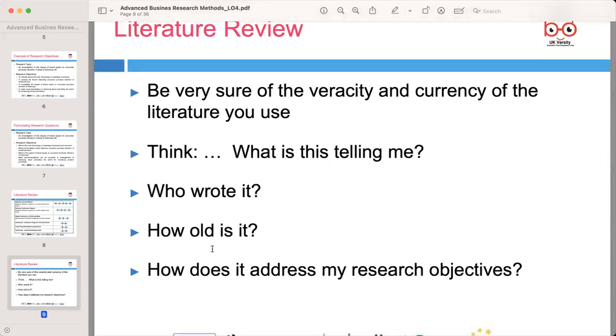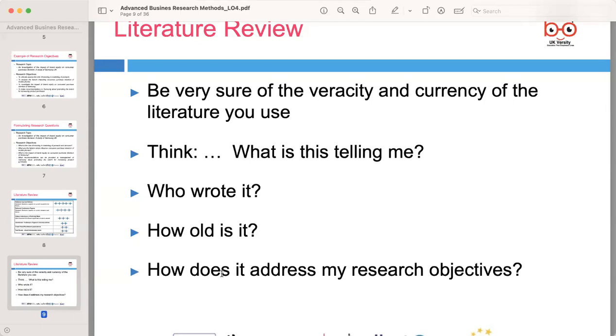How old is it? So age of the source, evaluate the publication date of the literature. Depending on your research topic, it is important to strike a balance between using recent sources and including a seminal or foundational work.